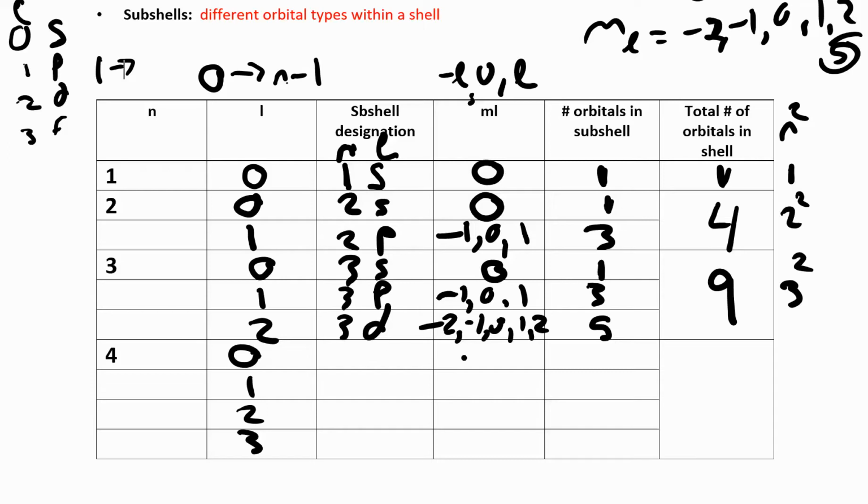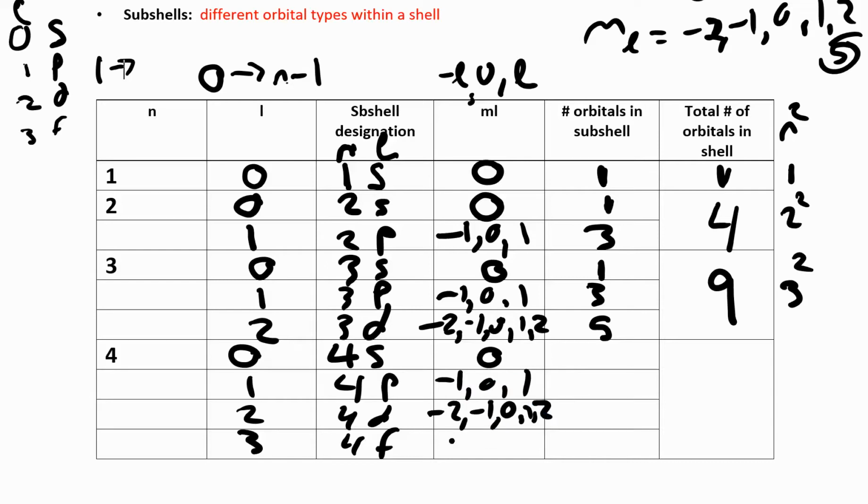So here I would have 4s, 4p, 4d, 4f, with ML values 0; -1, 0, 1; -2, -1, 0, 1, 2; and then -3, -2, -1, 0, 1, 2, or 3. So this is 1, 3, 5, and 7. And then since I'm in energy level 4, I have 16 orbitals. So you can go through that chart again and then try to work on the next problem.